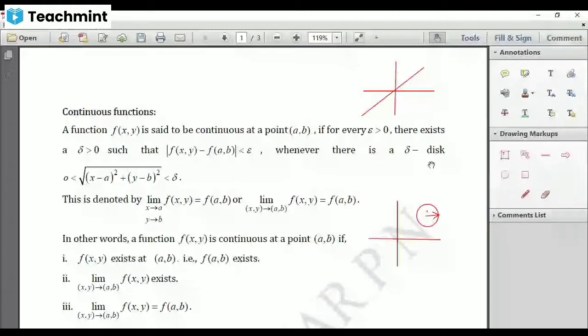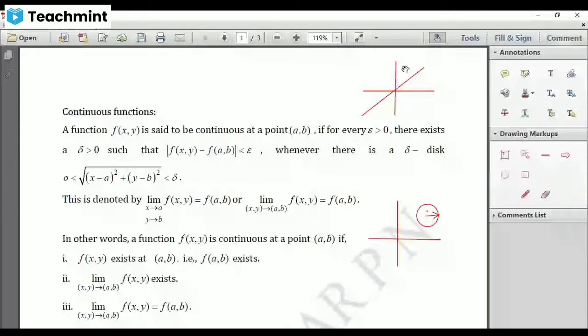Why? Because you are given x-axis length, y-axis length, similar to that, right? When you substitute that one here, you'll get z-axis. So corresponding to this, you'll get x, y, z, right? So that z is denoted by f of xy here. So you'll get a point in the 3D for each point in this disk.